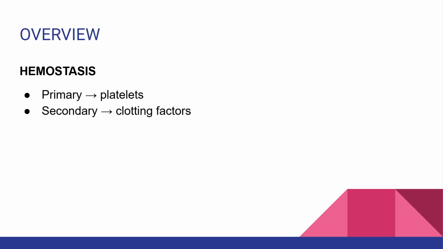So, just a quick hemostasis overview. Primary hemostasis involves platelets forming a platelet plug, and secondary hemostasis involves clotting factors forming fibrin. As you might already know, von Willebrand disease affects platelets, whereas hemophilia affects clotting factors.